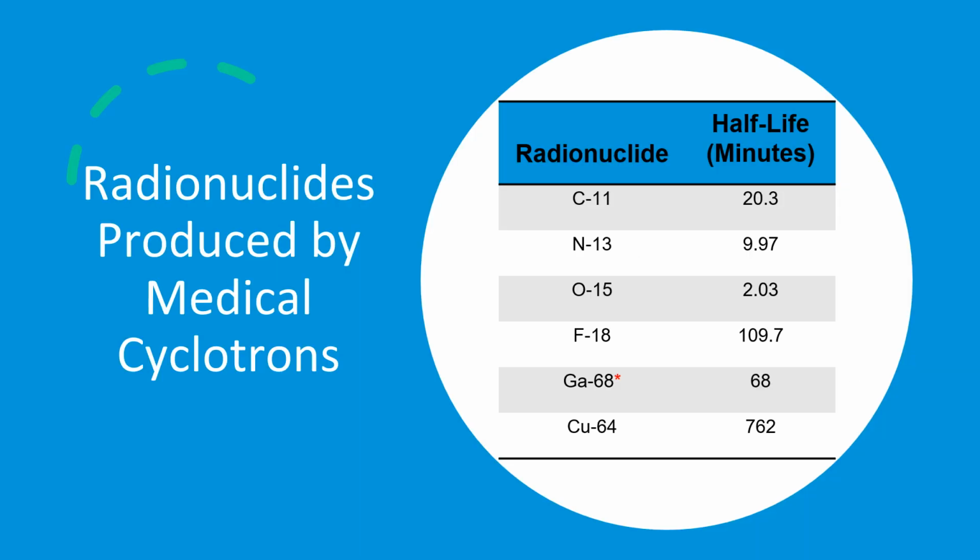These are the radionuclides used in PET-CT imaging that are produced by medical cyclotrons. Carbon-11 is not as widely used, and that's partially because it has a short half-life of about 20 minutes. Nitrogen-13 is used for cardiac imaging, and that one is also very difficult because it has a 9.9, or roughly 10-minute half-life.